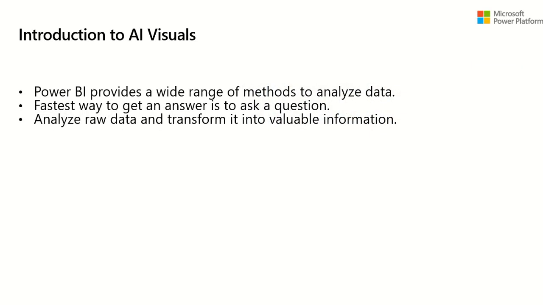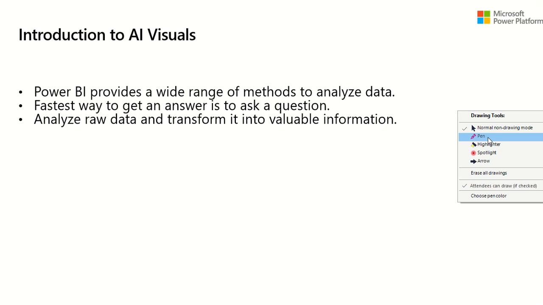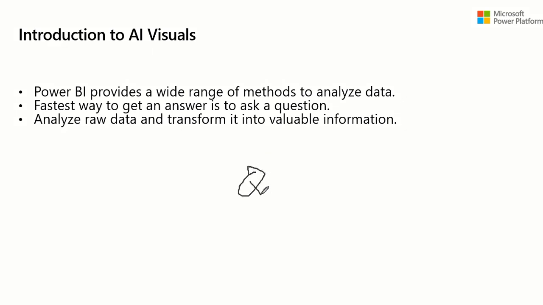You can get a wide range of methods to analyze your data, and the fastest way to get an answer is to ask a question. So the ask question that we used 2 days ago or yesterday, the Q&A, that Q&A is actually working with artificial intelligence, an application that is built inside of Power BI.